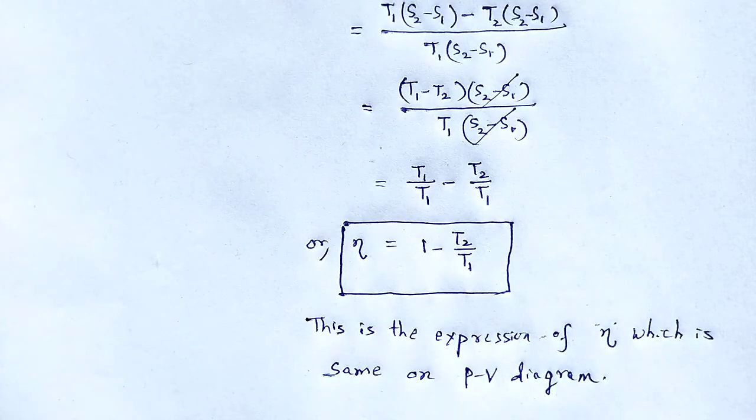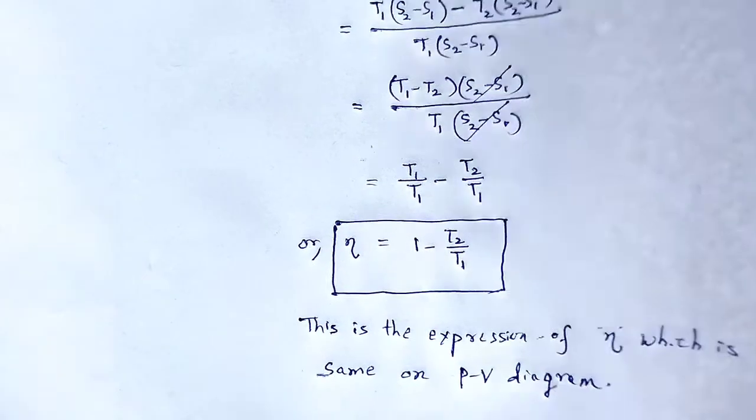In this way the TS diagram, the temperature entropy diagram for Carnot cycle, is very similar to the PV diagram, the pressure volume diagram of Carnot cycle. In both cases we calculate the efficiency of Carnot heat engine.